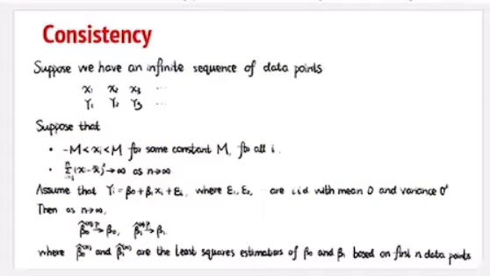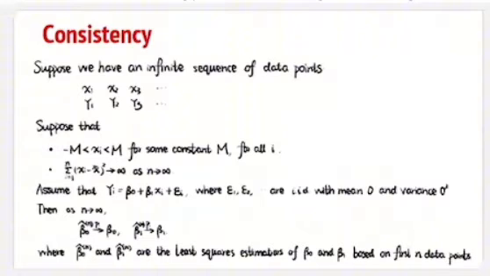The implication is that the estimator converges to the true value of the parameter. I remember walking you through the convergence of the sample mean to the population mean. Now we're going to have the same thing for the least squares estimator.